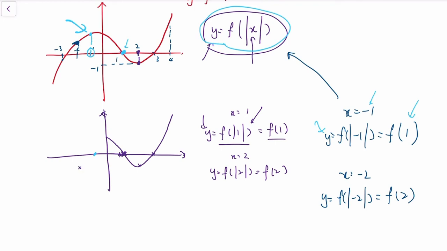Okay, so what happens is, the left hand side of the graph is actually doing whatever the right hand side is doing, but kind of like a mirror image. So it's kind of reflecting the right hand side to the left hand side.